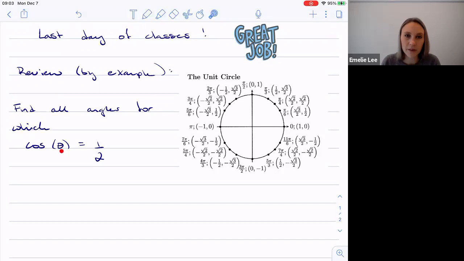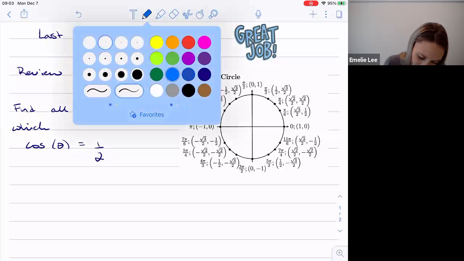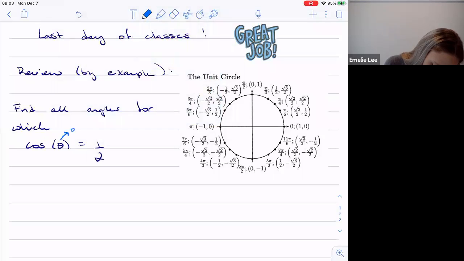Okay. So remember, theta is an angle, or if you prefer, you can use t. So theta or t are our typical angle names.